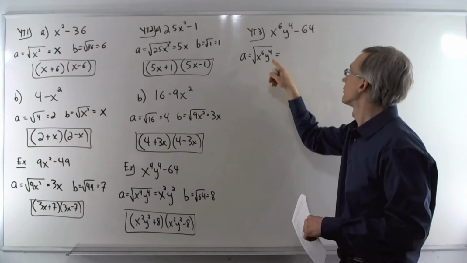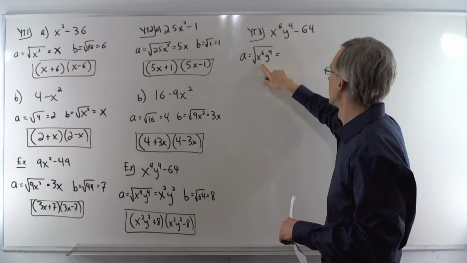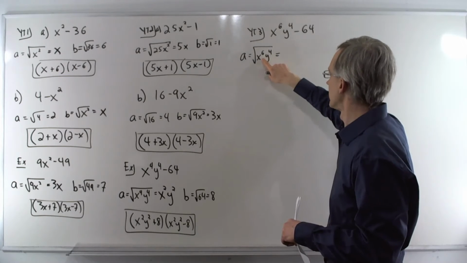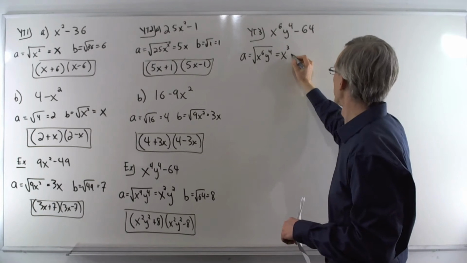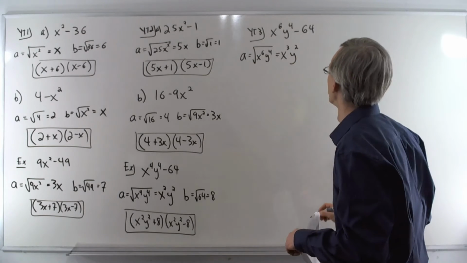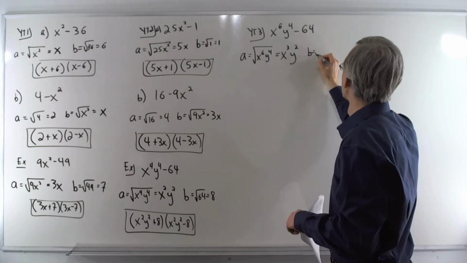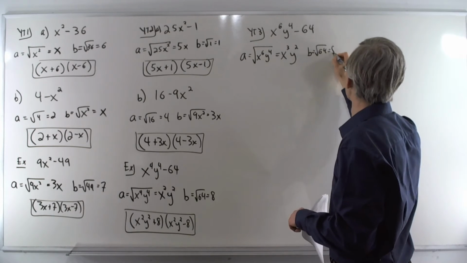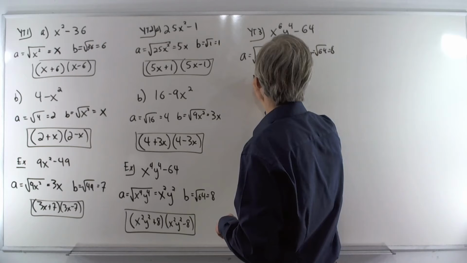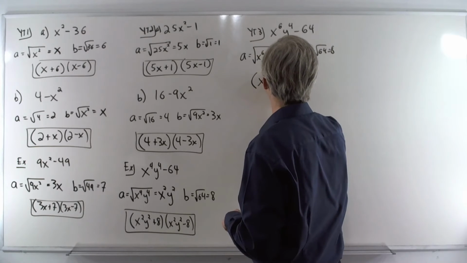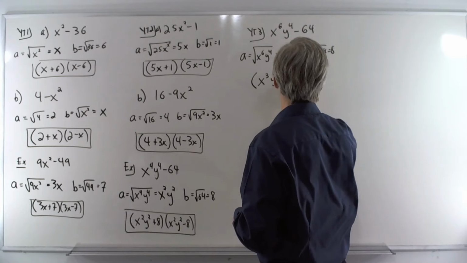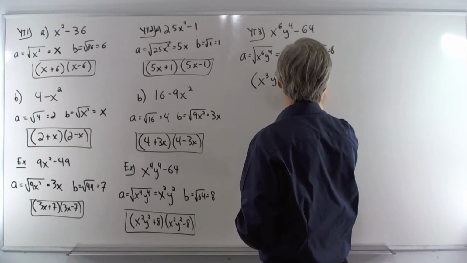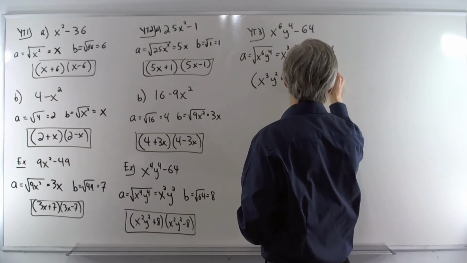So taking the square root of the first term, x to the 6th, y to the 4th, we're going to divide both of these exponents by 2. Turns that into x to the 3rd, y squared. And for b, the square root of 64 is 8. Plugging into the formula, we've got x to the 3rd y squared plus 8, x to the 3rd y squared minus 8.